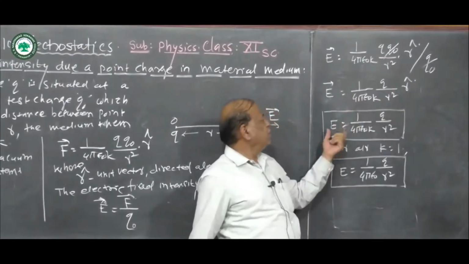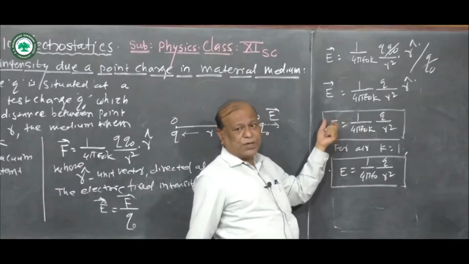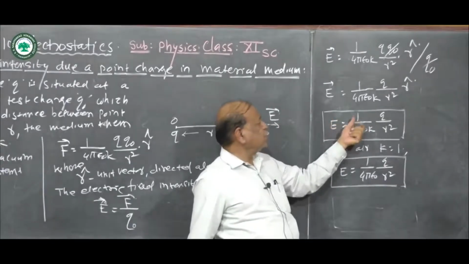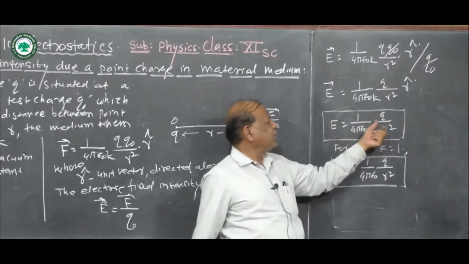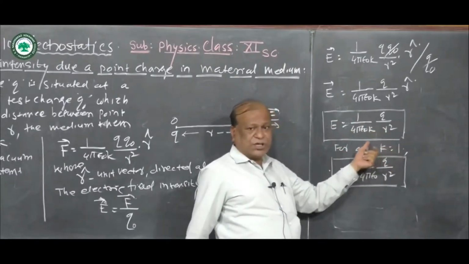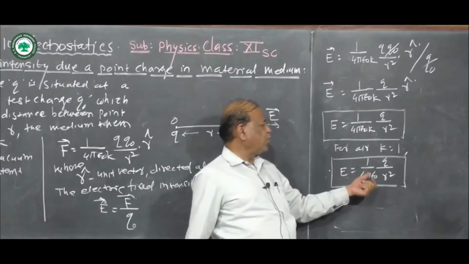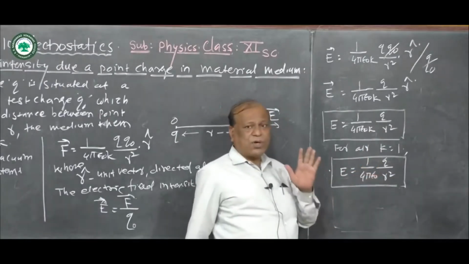Then we write, in terms of the magnitude of electric field intensity, E is equal to 1/4 pi epsilon 0 K Q upon R square. For air, the dielectric constant K is equal to 1, and therefore the equation becomes E is equal to 1/4 pi epsilon 0 Q upon R square.